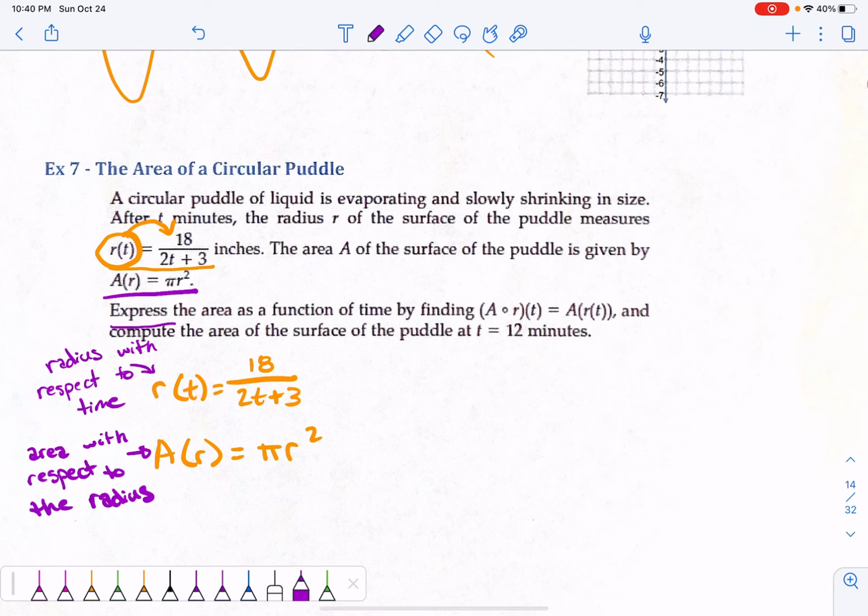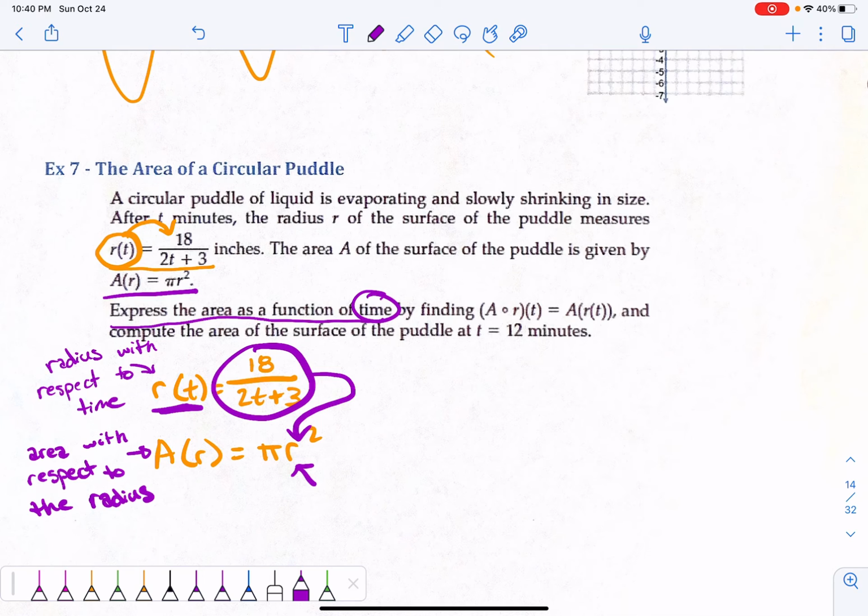Now it's saying express the area as a function of time. So now we want to bypass the radius part of it. We want to combine this in such a way so that we don't have a radius variable, we only have a time variable, okay? So if radius is equal to this, and here's where my radius goes, all I'm going to do is take this and plug this in for the radius.